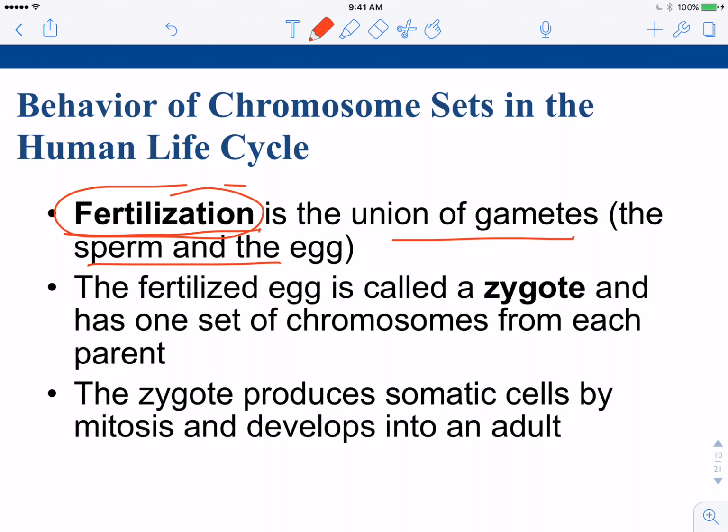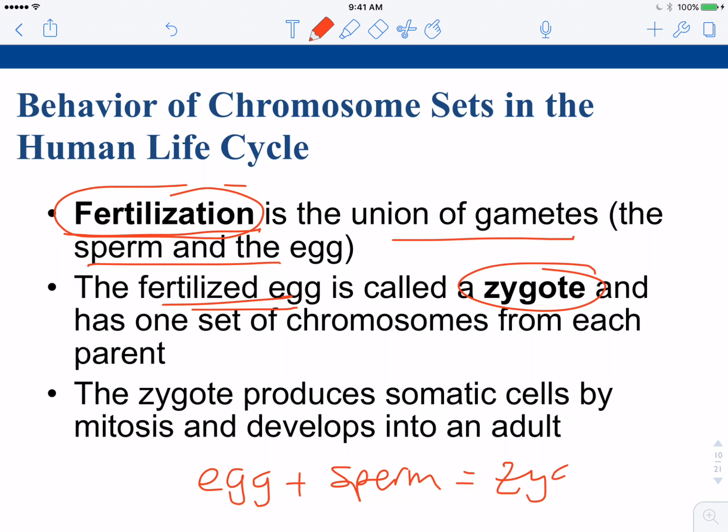Once you fuse the gametes, egg plus sperm, we call this fertilized egg a zygote. So egg plus sperm equals zygote. And the sperm has 1 set of chromosomes, a haploid set from the father. The egg has 1 haploid set from the mother.